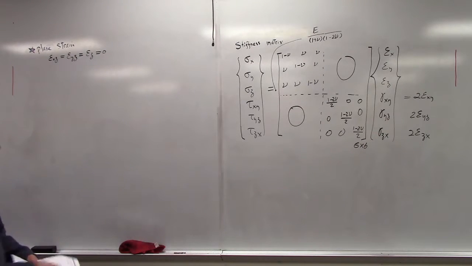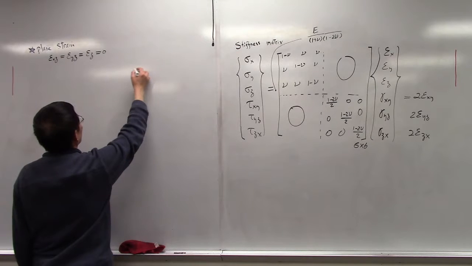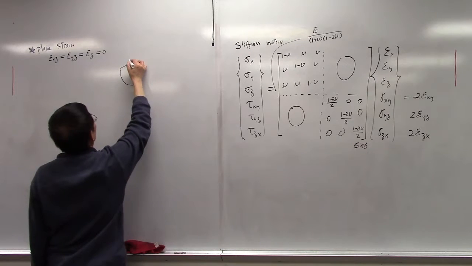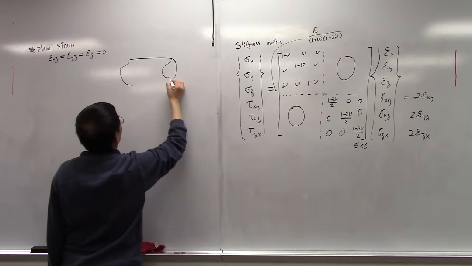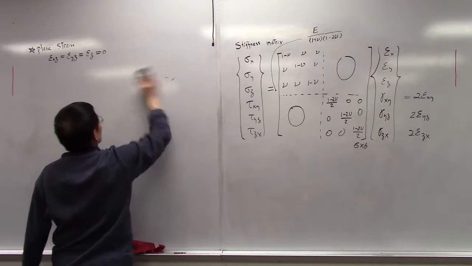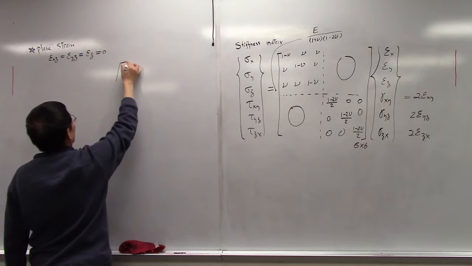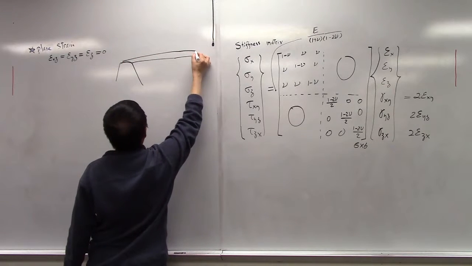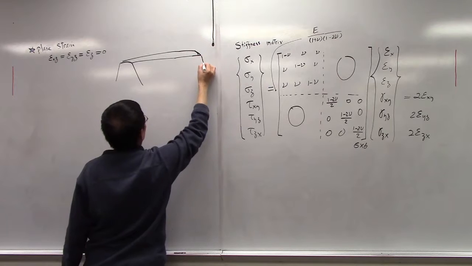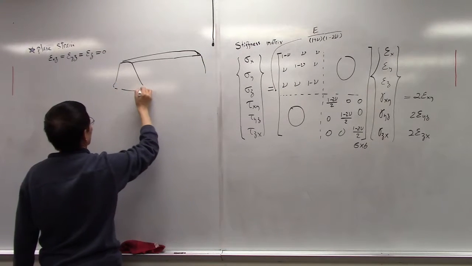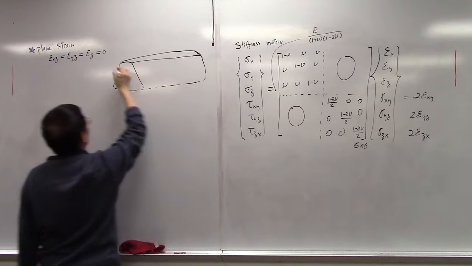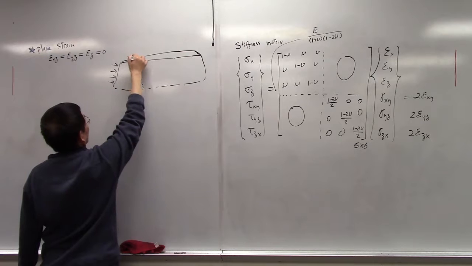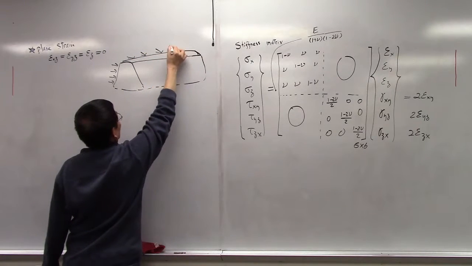What kind of situation will you have plane strain? Well, when you have a very thick, let's say you have a dam that has a uniform cross section, like that, and pressure from water acting on one side throughout the thickness.